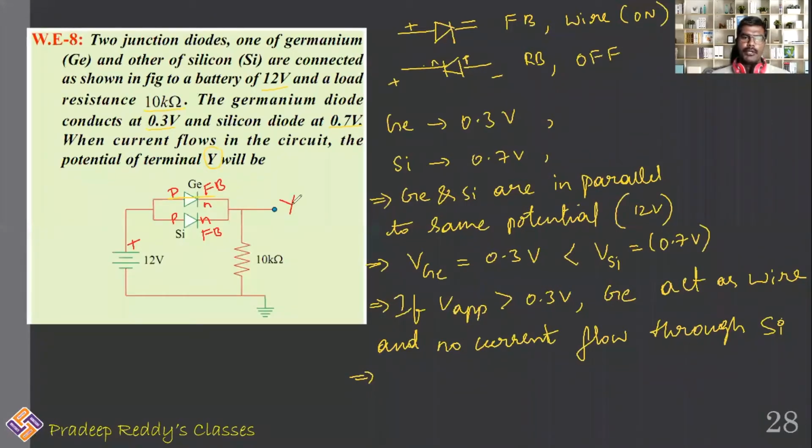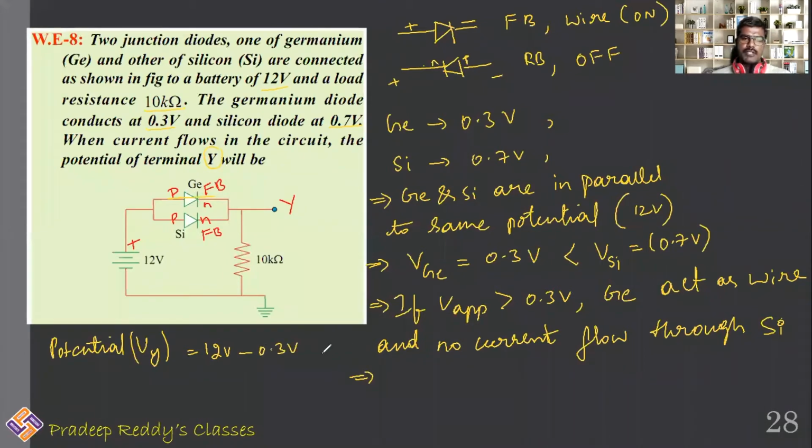Now I want to find out the potential at this position Y. I'll just use Kirchhoff's voltage law here. This is germanium. The voltage dropped across this germanium is 0.3. Therefore, the potential at Y, Vy, is equal to the total voltage provided, 12 volt, minus the voltage dropped across the germanium, 0.3 volt.